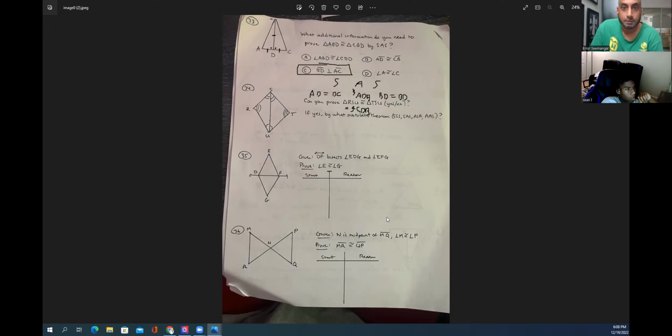Why is it C? Because of perpendicular lines. If two lines are perpendicular, that means this is 90. These two are both 90. So then this would be angle side angle side. Exactly. So C.